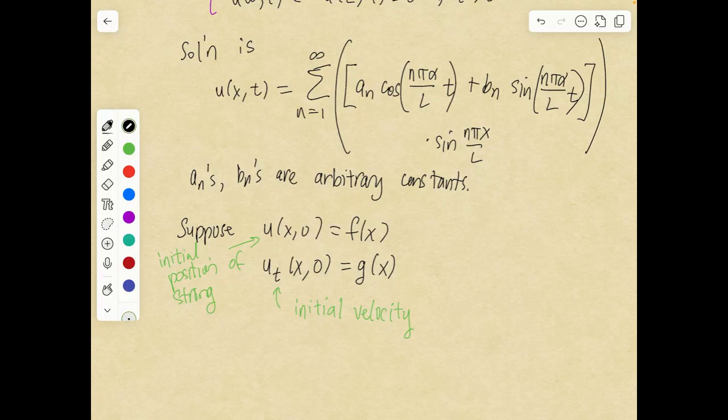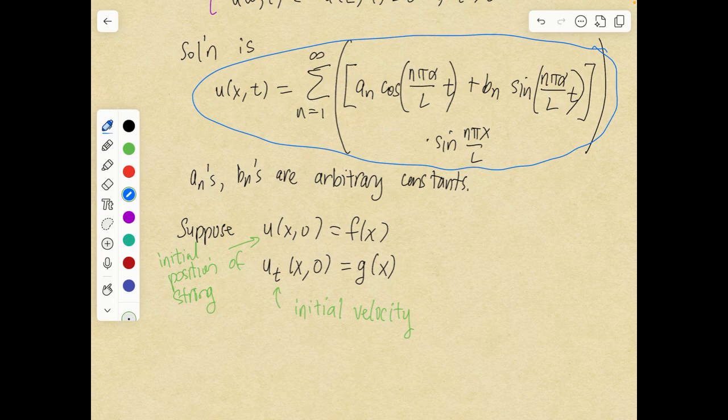So once you do this, basically you take your u of x,t and you plug in t equals 0 and match it with f of x. Well, you can actually see what's going to happen. When you plug in t equals 0 in here and here, the sine part is just going to be 0. So the b_n's are just going to go away. And the cosine of n pi alpha over L times t is just going to be 1.